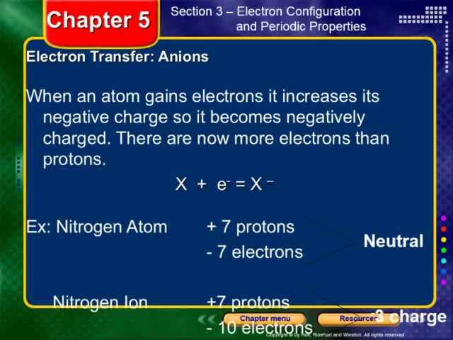But here's the thing. That's not a noble gas configuration. It's not a stable configuration with 8 valence electrons. Nitrogen is actually going to gain 3 electrons, so it can get to the electron configuration of neon, which is its closest noble gas neighbor. But by gaining 3 electrons, it has a -3 charge. Again, that's the difference between the number of protons and electrons.